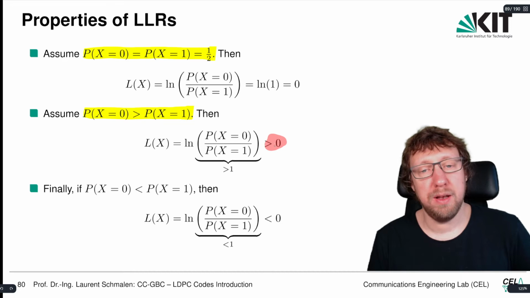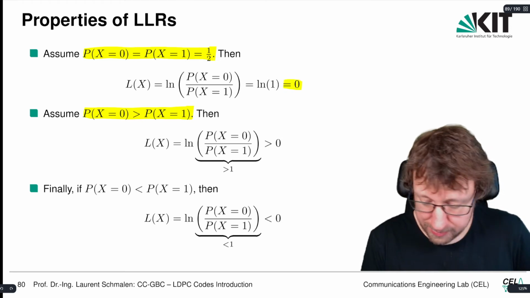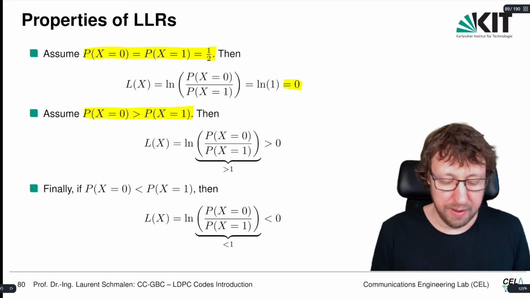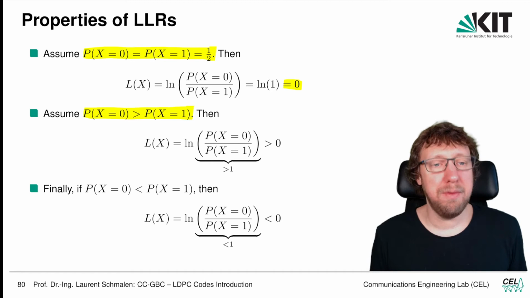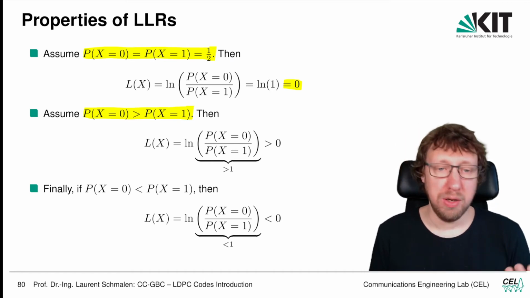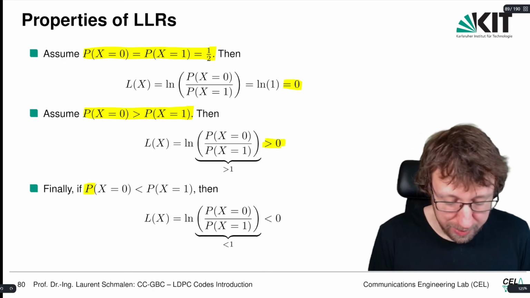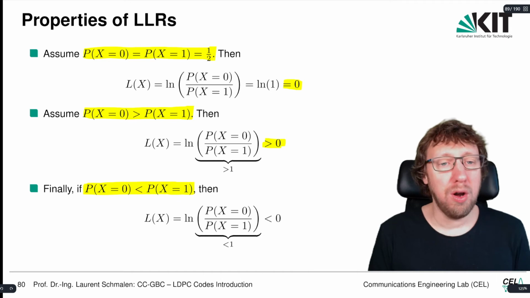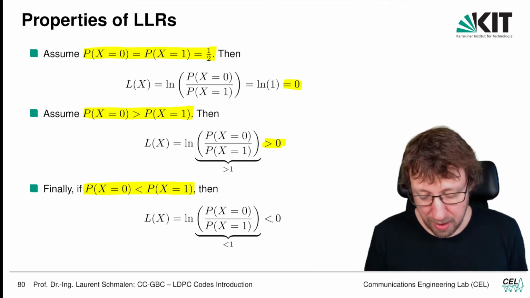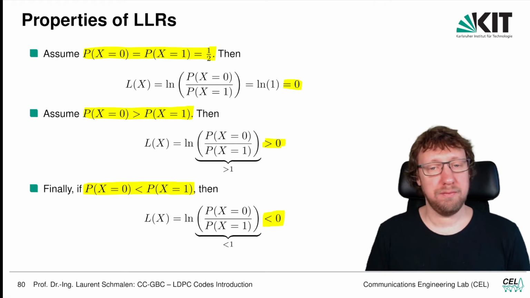So this will be positive. We have equality 0 if both probabilities are the same. If x equals 0 is more probable than x equals 1, we have a positive log likelihood ratio. And if the probability that x equals 0 is smaller than the probability that x equals 1, we get a negative log likelihood ratio.